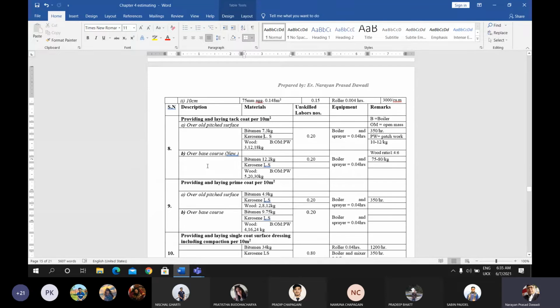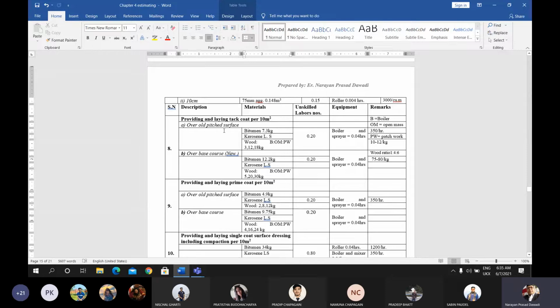Now, do B in a similar way. If you are not told whether the tack coat is over the old pitch surface or over the base course, then do B only over the base course. Over the old pitch surface is not so important as over the base course.